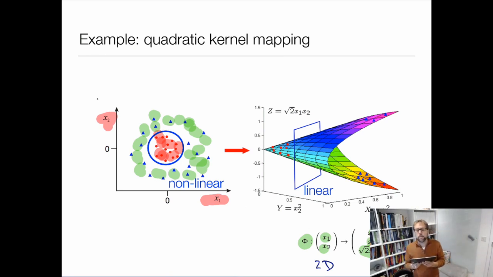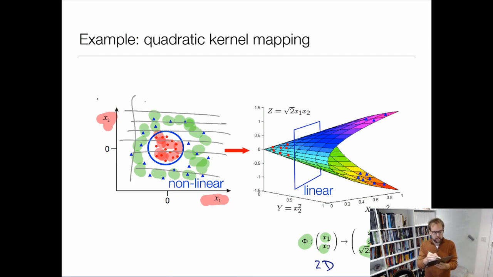So if you would draw this mapping here, you can actually see that the 2D plane of this coordinate system is now mapped into this cone here.